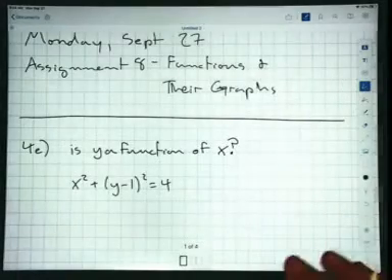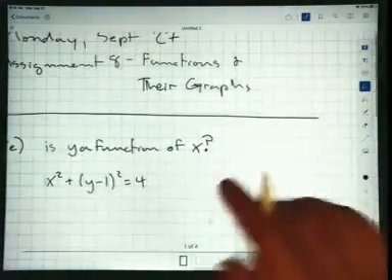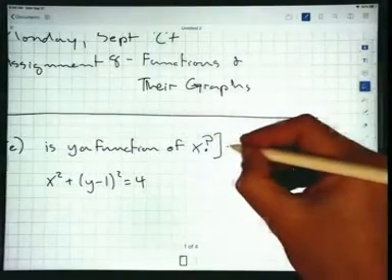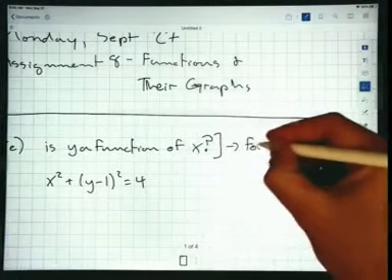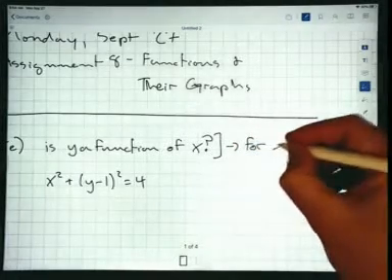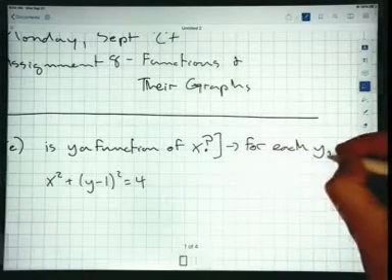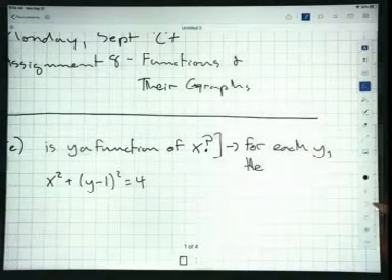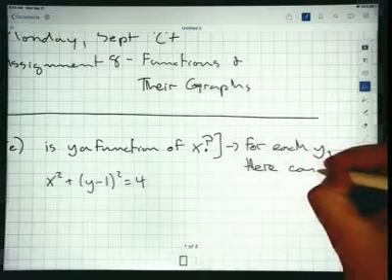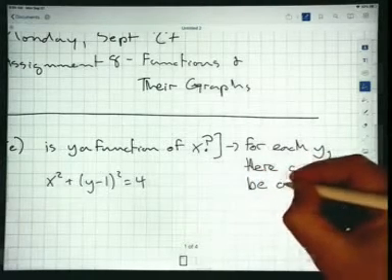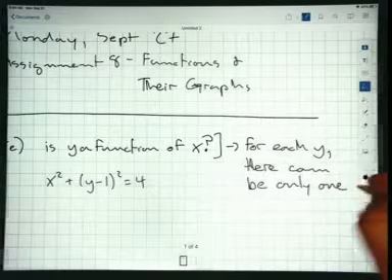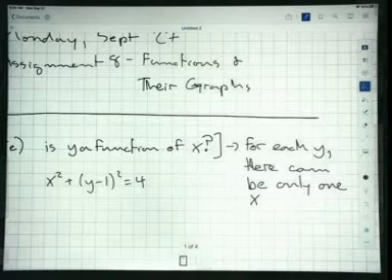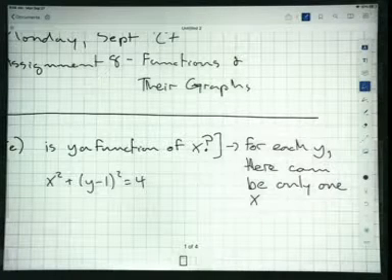Now, for y to be a function of x, there's a basic rule. The basic rule says that for each y, there can be only one x. For each y value, for each y that you plug in, there can be only one x.